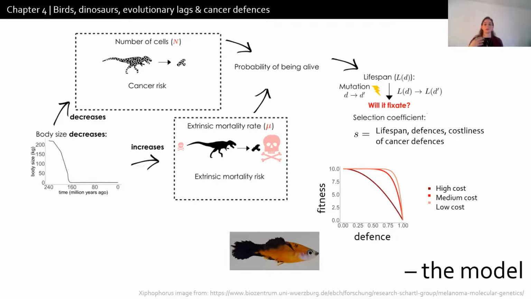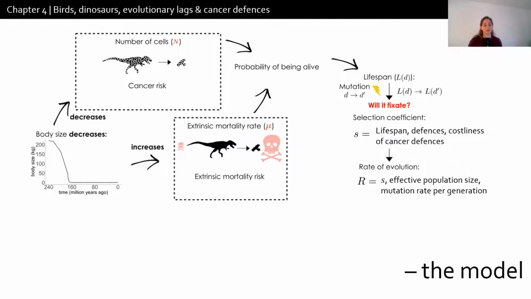So we implemented three different strengths for this trade-off. If this trade-off is very strong, the decline in fitness caused by cancer defenses is quicker than if they have low cost. So the trade-off is weaker between cancer defenses and reproductive success.